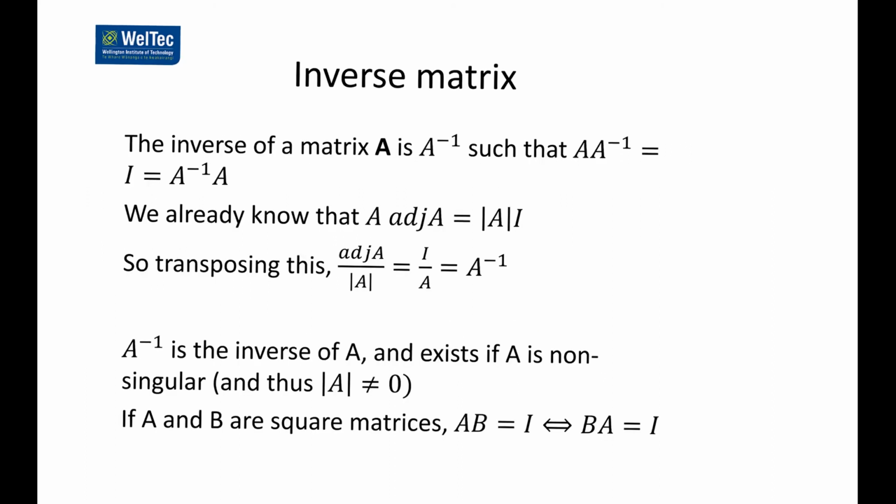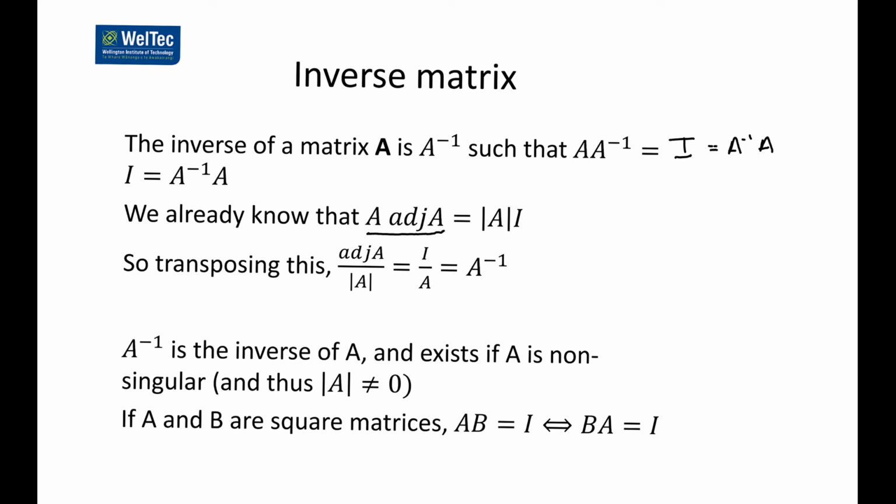It's easy to read that first line if we think about it, that the inverse of A is A to the negative 1, such that A times the inverse, as you would expect, equals I. And in this case only, the multiplication is commutative. We already know from the previous slide that A times the adjoint is the determinant times the identity.